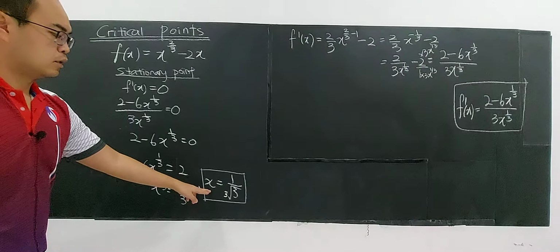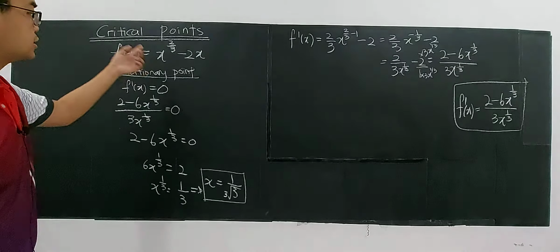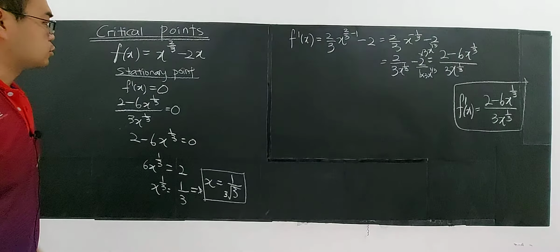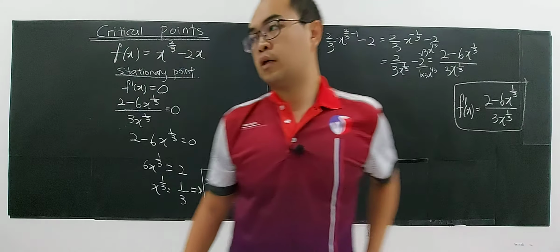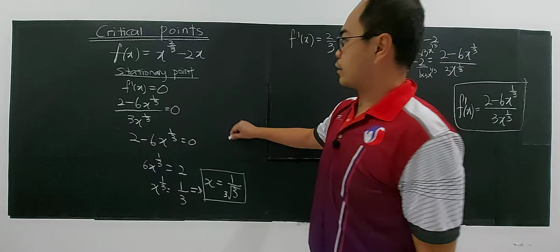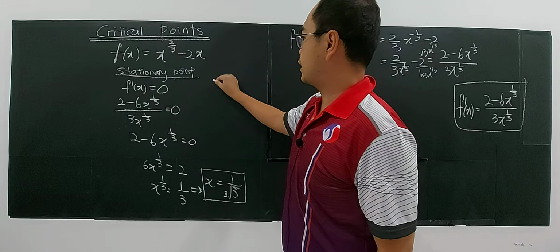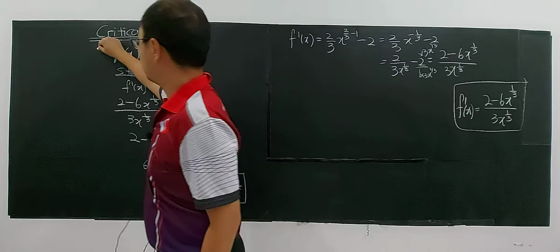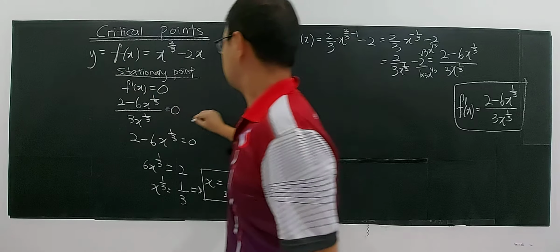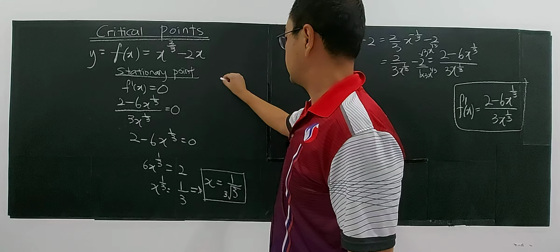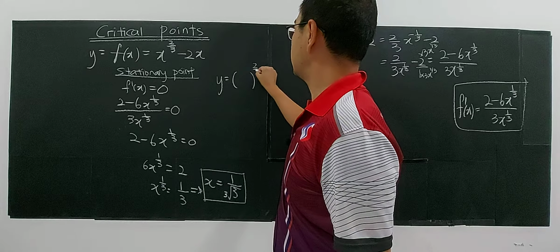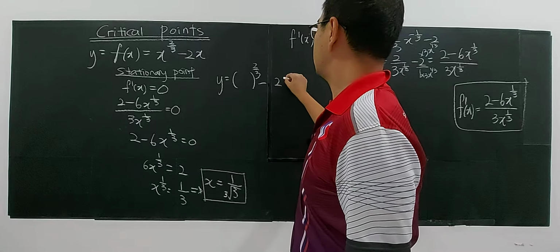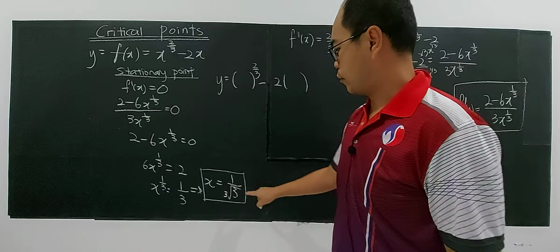Of course, to find the coordinates of this critical point, you have to substitute inside here. Then the value of y, this is actually the value of y. So y equals x to the power of 2 over 3 minus 2x.